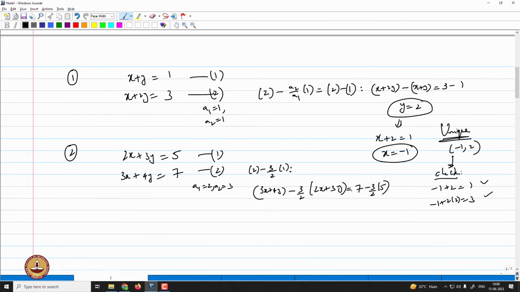So notice here I have to multiply the first equation by 3 by 2 and then subtract it from the second equation. I'm doing both of those together. If you want, you can do the multiplication separately and then do the subtraction.